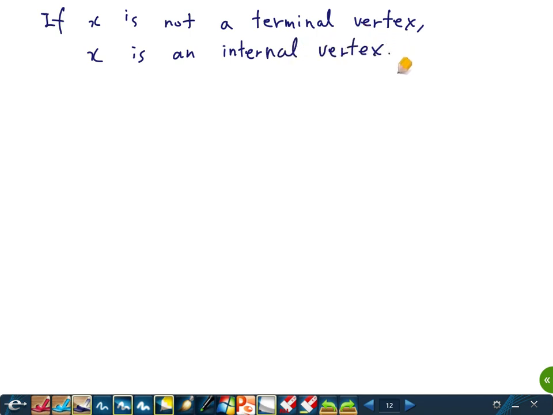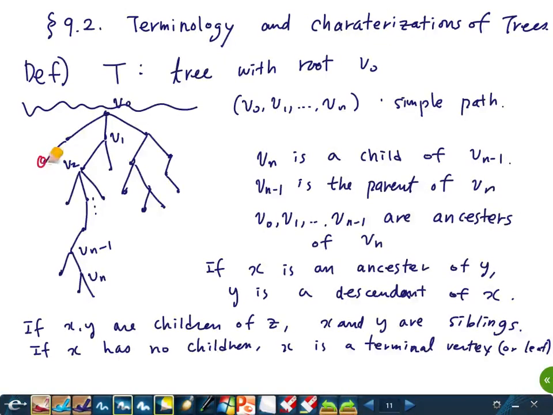In other words, every vertex is either a terminal vertex or an internal vertex. So root, for instance, is an internal vertex if there are more edges. If there's only just one dot, that's a tree. That can be a rooted tree. In that case, a root is a terminal vertex. Okay. So in our example, these are terminal vertices, or leaves, and other vertices are internal vertices.